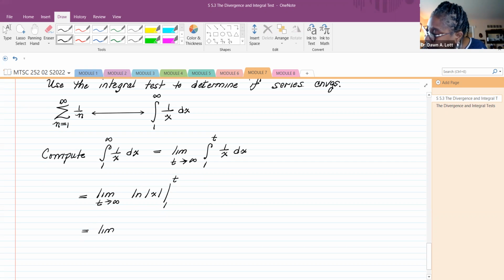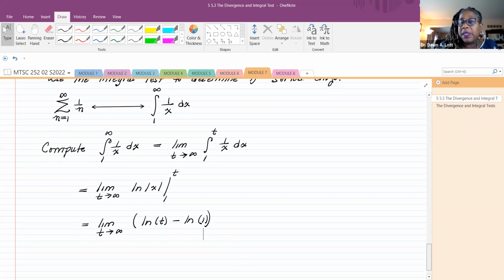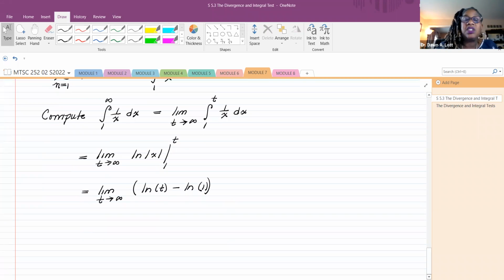As the limit as t approaches infinity, the natural log of t minus the natural log of 1. Now, the natural log of 1 is 0. I don't have to worry about that. But as t goes to infinity, so does the natural log. So this goes to infinity. So the whole thing goes to infinity.